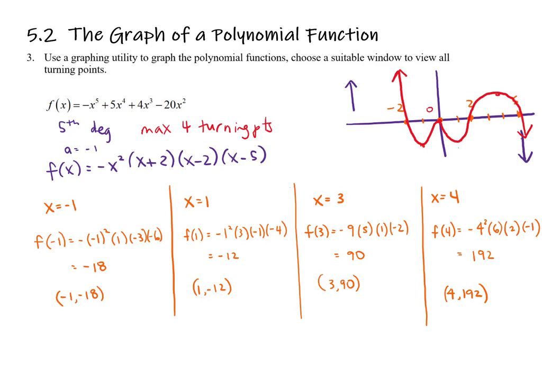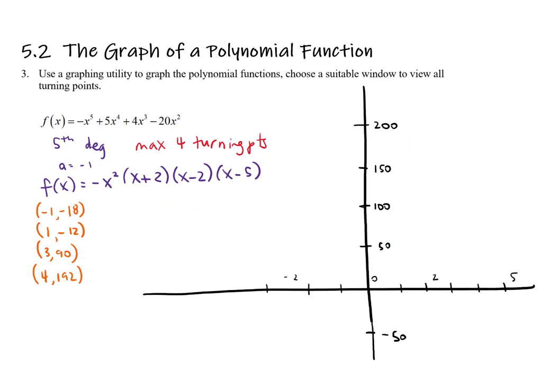Let me try my best at sketching a graph. We're going to start by putting all of our x-intercepts back onto this graph. I have one at 0, one at 2, one at 5, and one at -2. I also have a y-intercept at 0, so that's already on the graph. I'm going to put on the points -1, -18, just sort of approximating where their values are. +1, -12, 3, 90, and 4, 192.